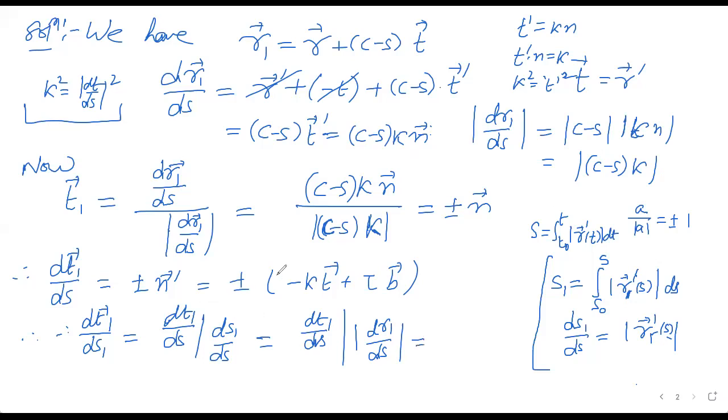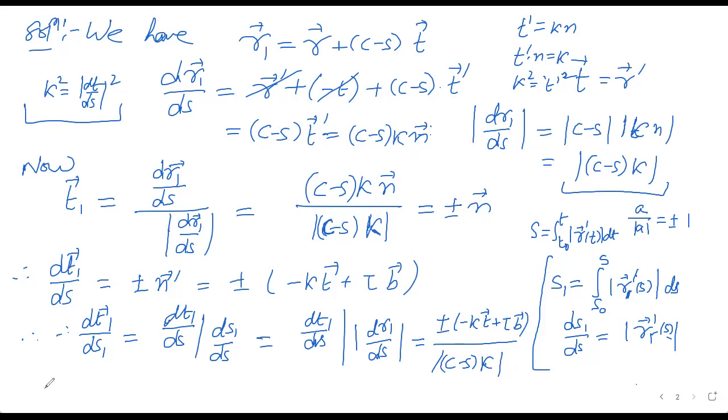Now dt1 over ds is this, plus minus kappa t plus tau b, and divided by mod of dr1 over ds, ये हमने यहाँ निकाला था, mod of c minus s and kappa. ठीक है, ये वैल्यू आ गई आपके पास.